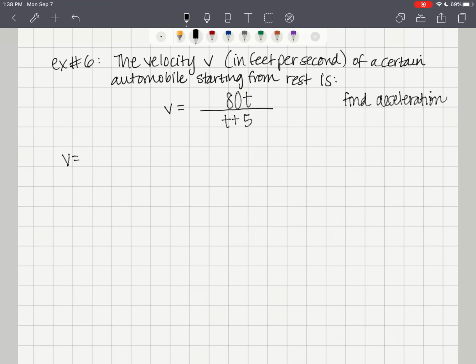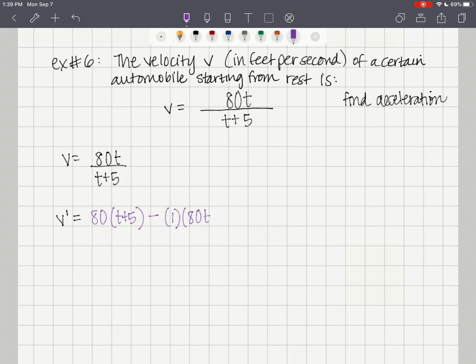So v is equal to 80t over t plus 5. To find the acceleration, we are going to have to find the first derivative. So we're going to take the derivative of the numerator, which is 80, times the denominator, minus the derivative of the denominator, which is 1, times the numerator, all over the denominator squared.